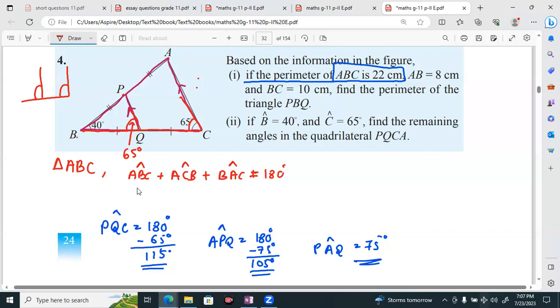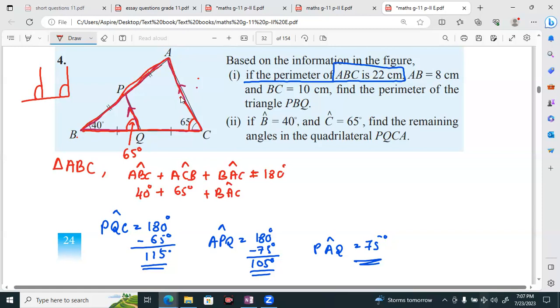Therefore here ABC is 40 degrees, ACB is 65 degrees. Finding BAC means we are finding PAC because it is the same angle. Yes, you should know how to read the angles.